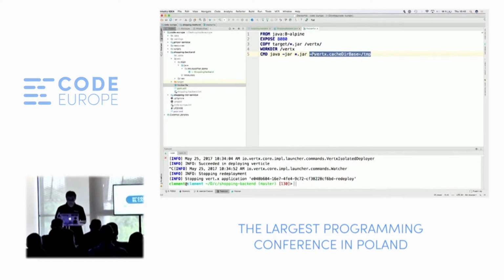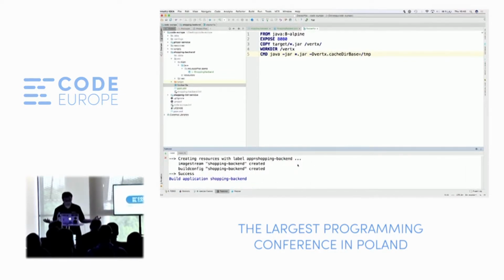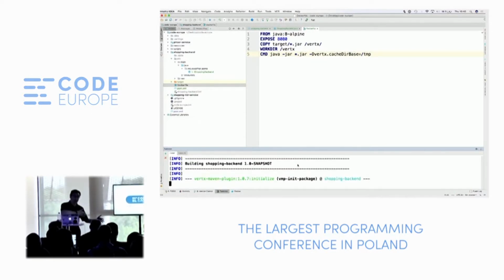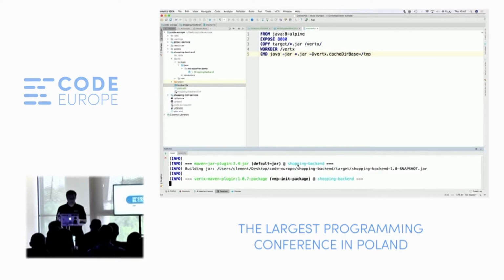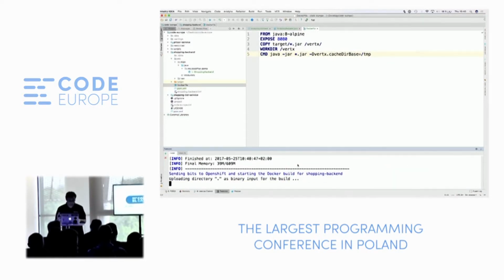Once I have this, I just have to run a script, build with Docker. This script is going to launch my Maven clean package, okay, to get the fat jar, create a build on the OpenShift side, and push all my files to OpenShift. That's what it's doing right now.